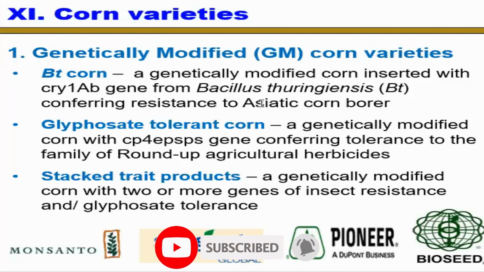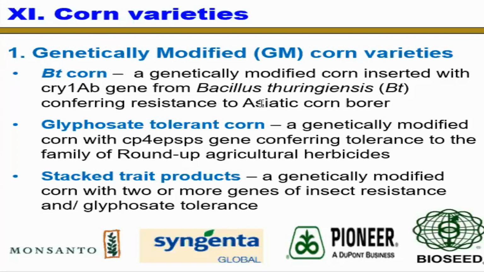They also inserted another gene, the glyphosate tolerant gene. This is a genetically modified corn with the CP4 EPSPS gene for tolerance to the Roundup agricultural herbicide. Okay, this is a typical gene characteristic inserted in the Bt corn, where if you apply a certain herbicide, especially glyphosate, the weeds will die, but the corn will survive.